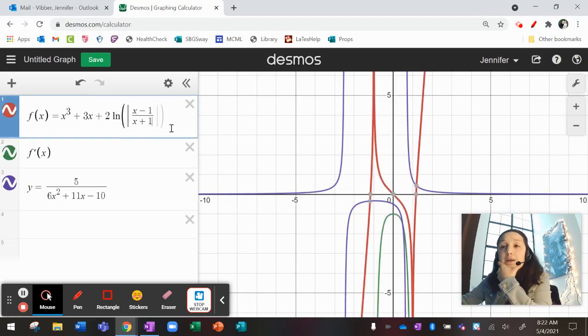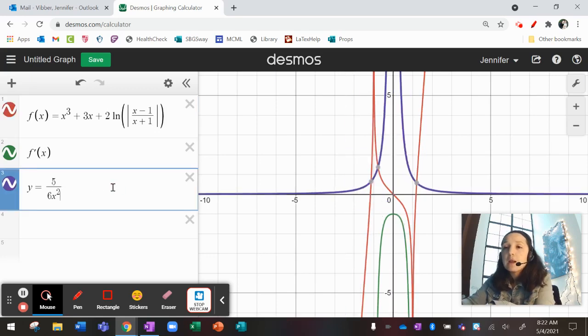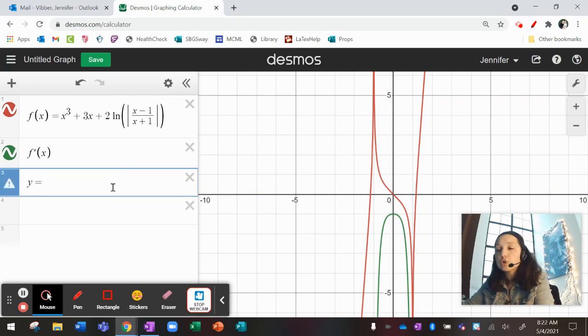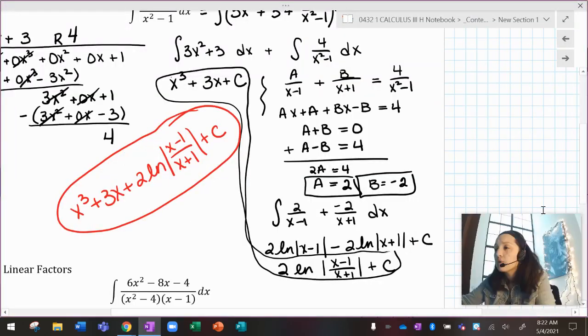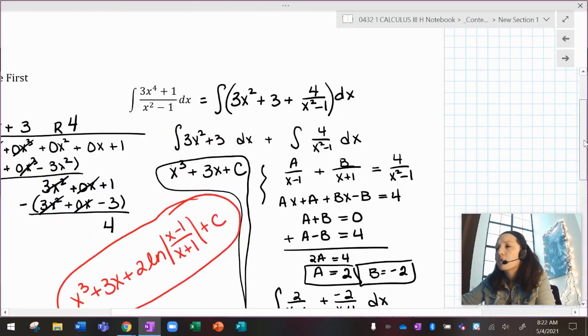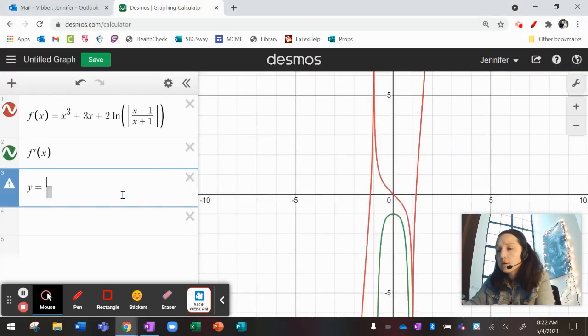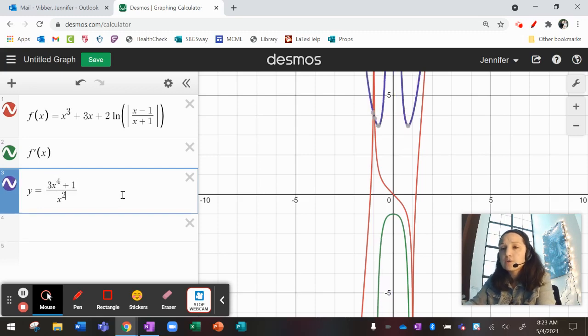So there's my antiderivative. There's the derivative of my antiderivative. And I want that to equal the original fraction that was in the integrand, which who even remembers at this point what that was? 3x to the fourth plus 1 over x squared minus 1.